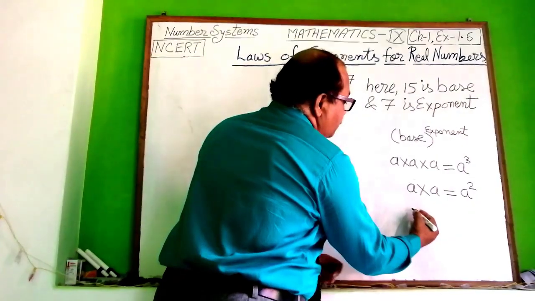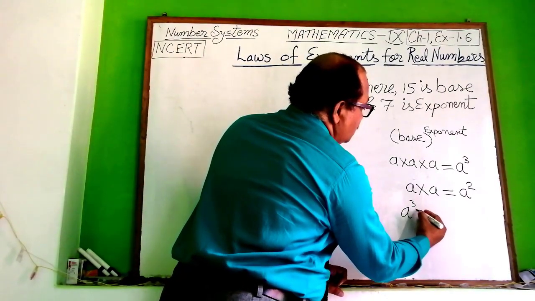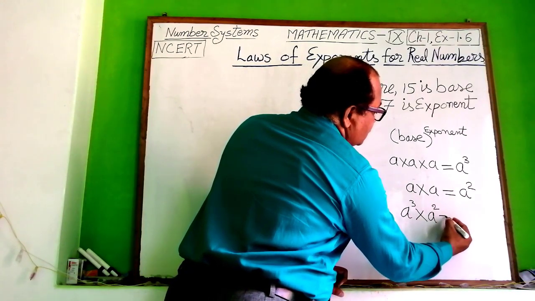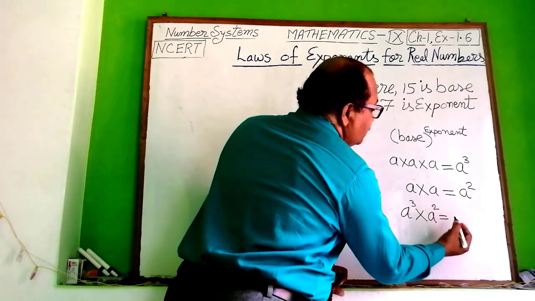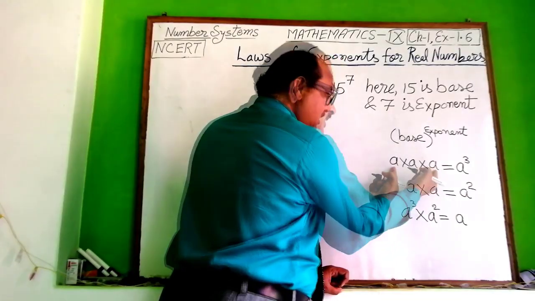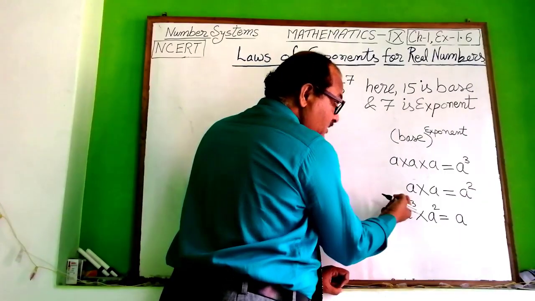Suppose we want to multiply them, again a cube multiplied by a square. So when bases are the same and we are multiplying, you can see how many a's here, 3, and how many a's here, 2.